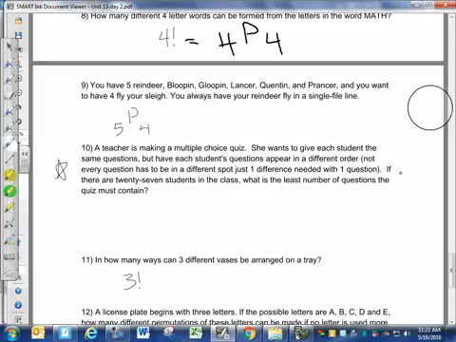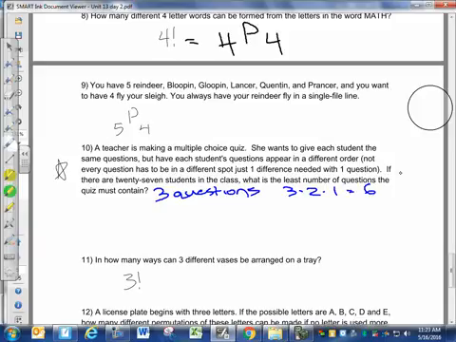5 is correct. The easy way to think about this is you have 3 questions on a quiz. How many ways can you order those 3 questions? 3 times 2 times 1 ways, right? 3 choices for the first question, then 2, then 1.